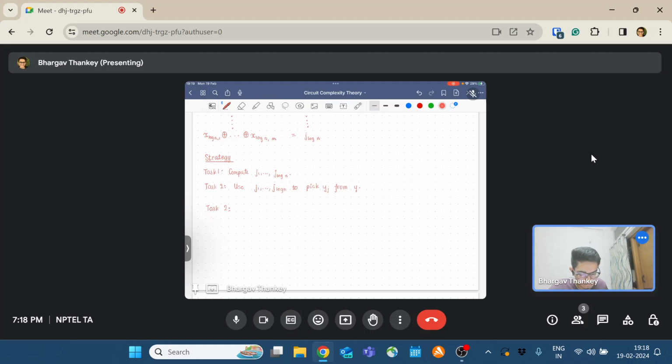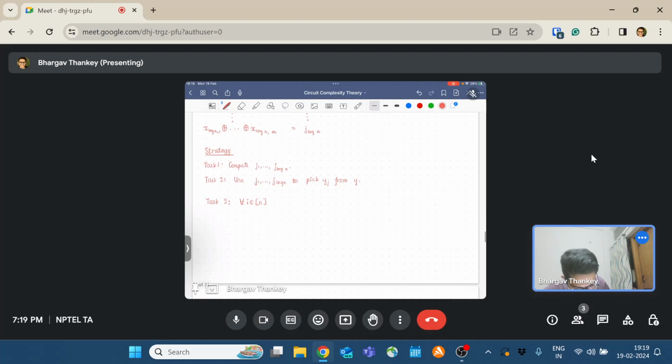Okay, so what I'm going to do is the following: for all i in n, we will have a gate. Do you remember the multiplexer circuit from digital electronics or some other class like that?